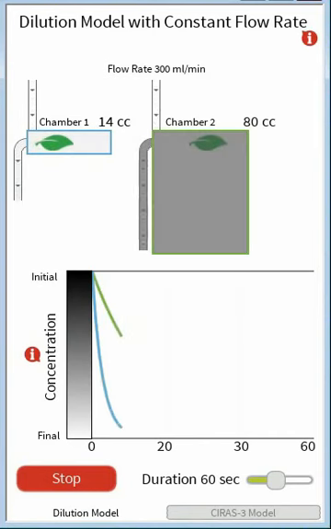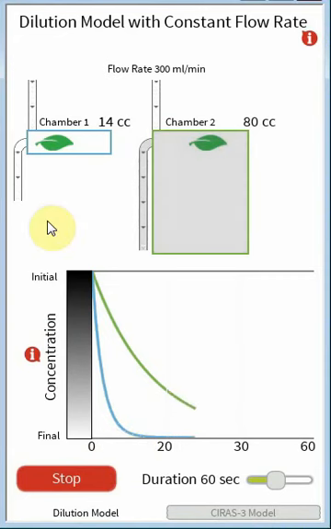We're adding essentially clear or white gas in and watching how long it takes for the chamber to reach the final concentration. You can see that the smaller volume chamber, blue, reached the final concentration in less than 20 seconds, while the larger 80 cc chamber is going to take about 60 seconds or more to reach it.